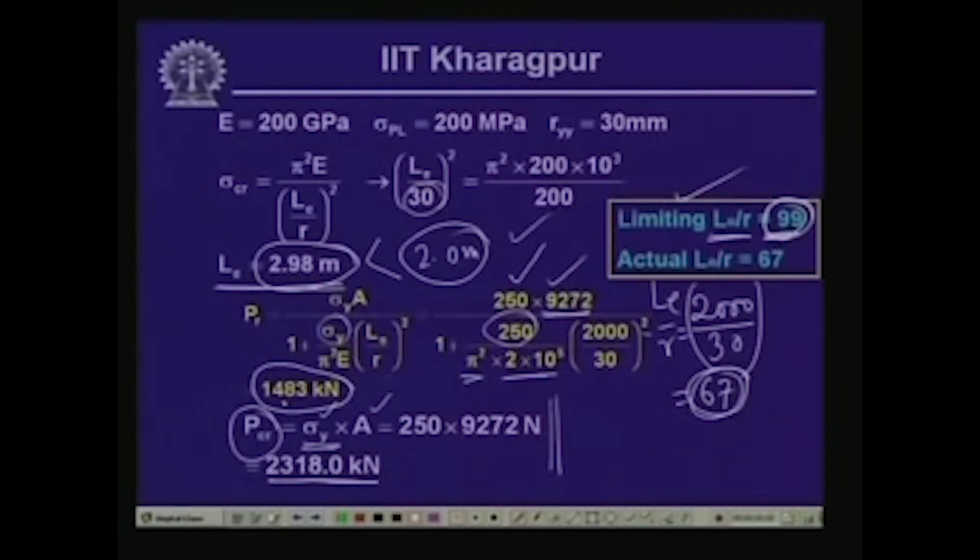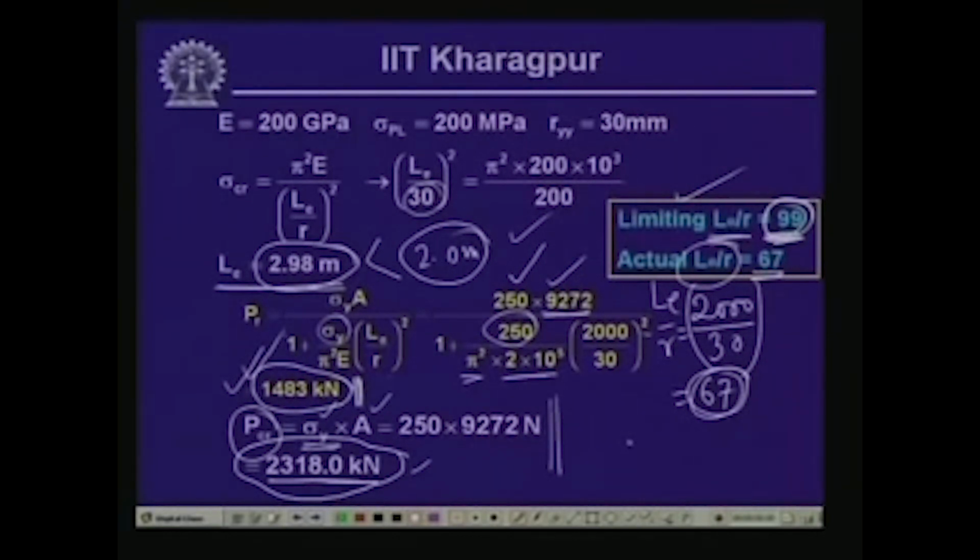Now, as you can see, if we go up to the yield stress level or up to the crushing level, then the load which we can apply is this. And since the actual L by R we have obtained is less than the limiting value, there is a possibility that the member is going to fail in the combination of the buckling and the yielding, and thereby we need to limit ourselves to a load of 1483.